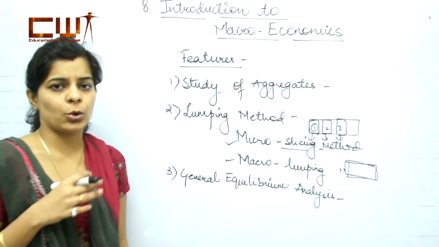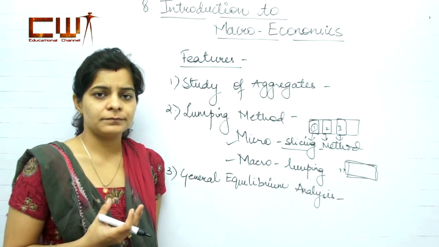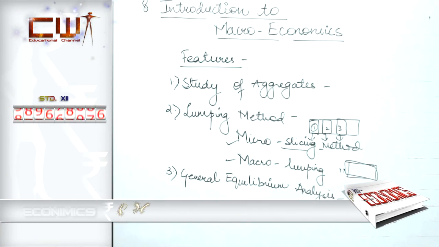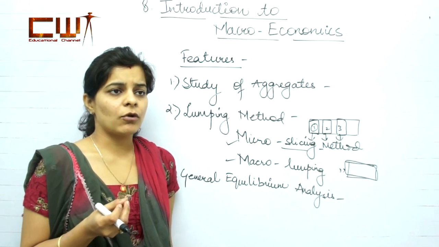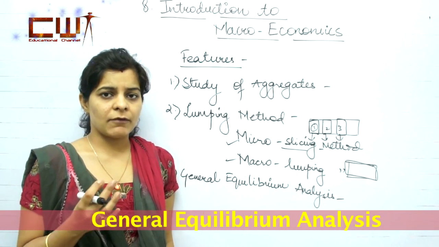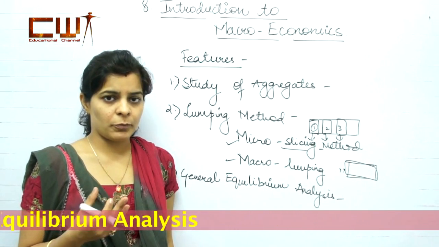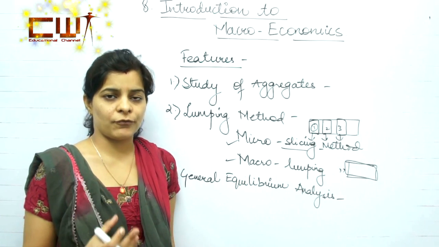I told you there is a whole chain that is being followed. If you have more demand, you will have more supply. How will you have more supply? You will have more output, or more production. When you have more production, you will have more employment. More employment means more income.